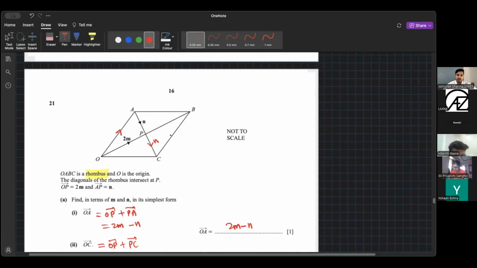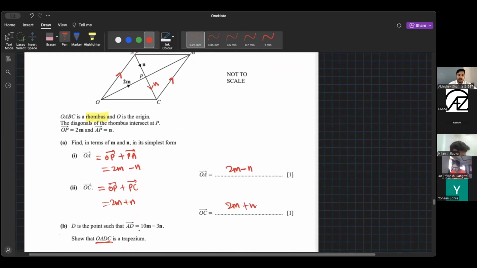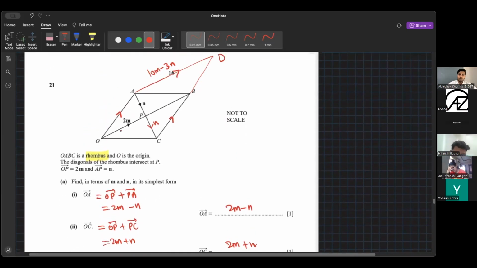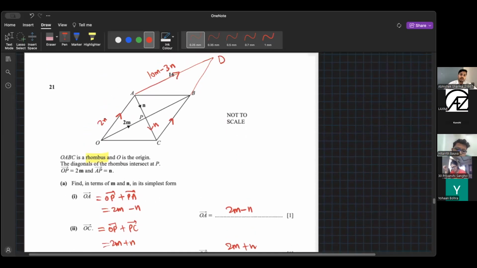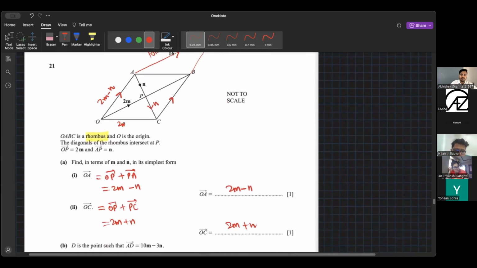Now these are already two parallel sides, right? For example, let's say D is somewhere here and extend from both the points. This is just for our understanding. D is somewhere here and they are saying that AD is 10m minus 3n. OA is 2m minus n and OC is 2m plus n.